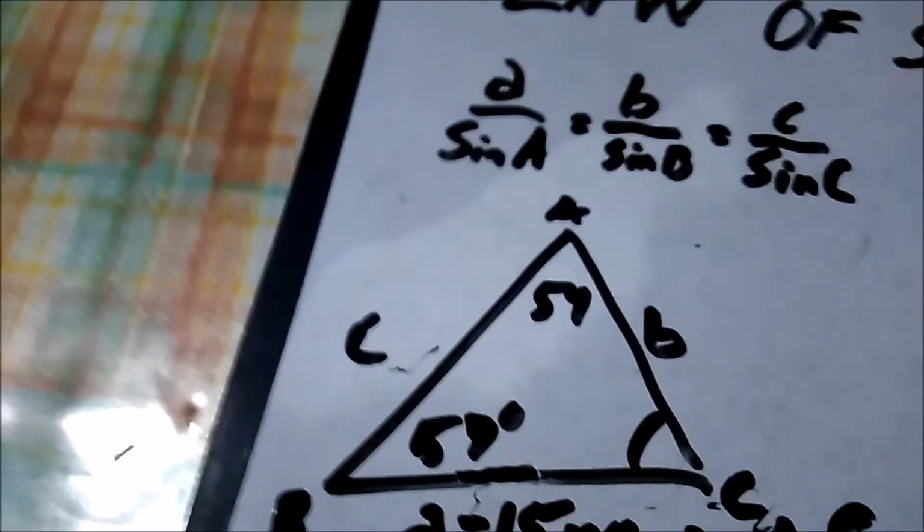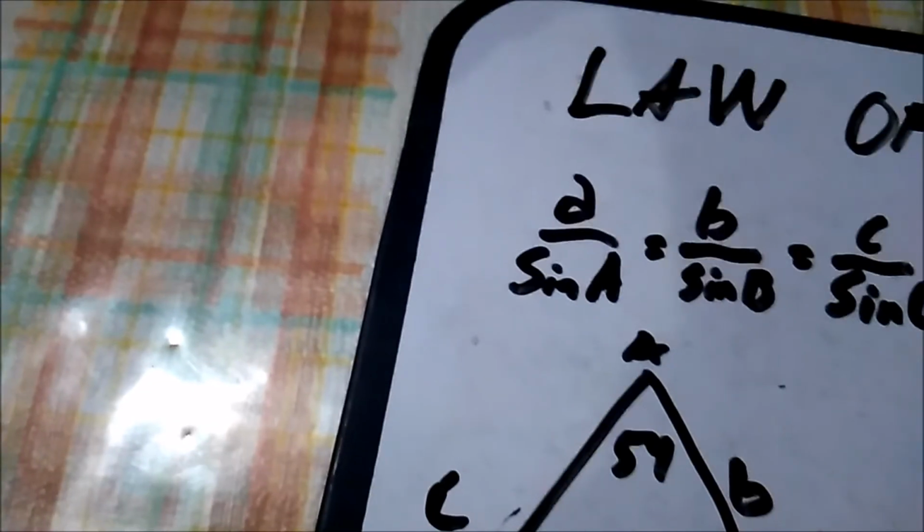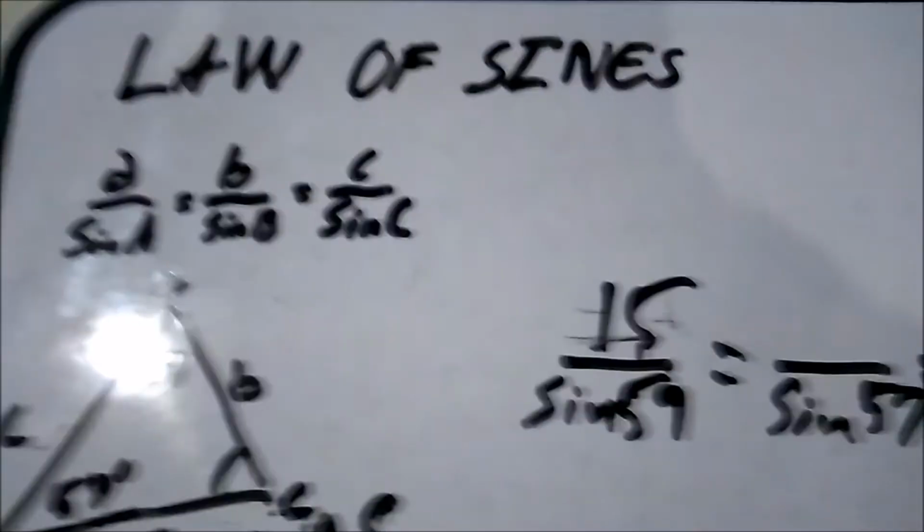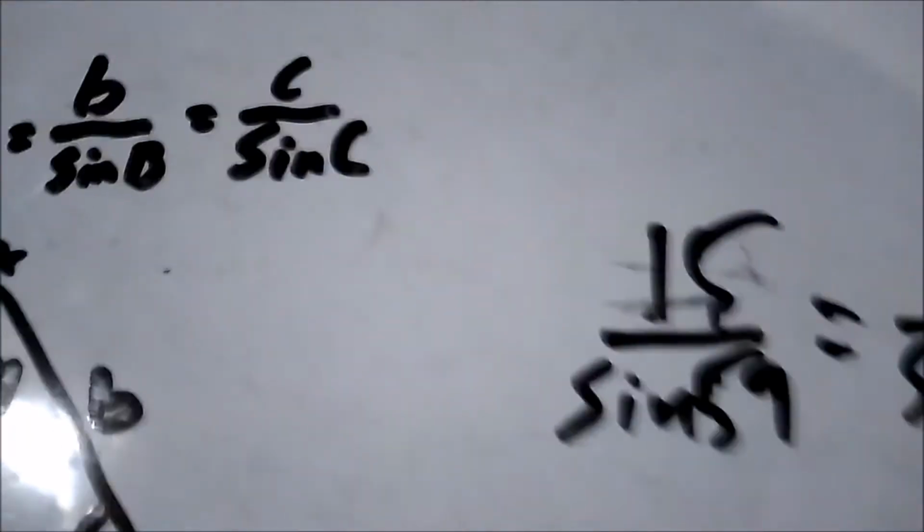So I'm going to write it now with this one. 15. So to find it, you should cross multiply it as well, using the same formula.